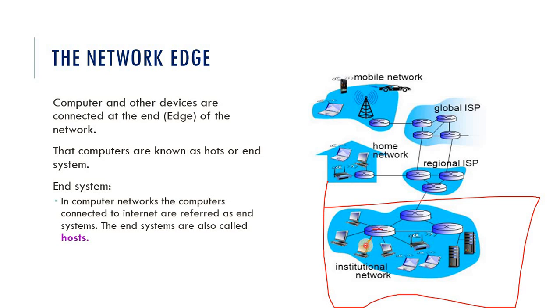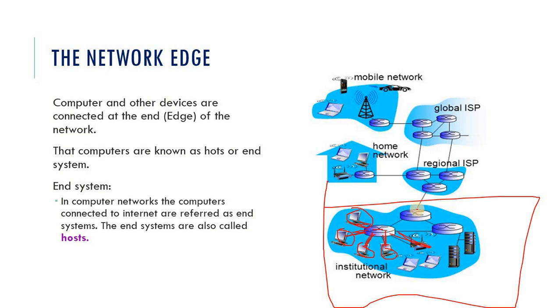In the router there are multiple branches, and on those branches multiple PCs are connected. So these four PCs are connected with this router. This branch is called the edge of the network because all the devices are connected with that edge.